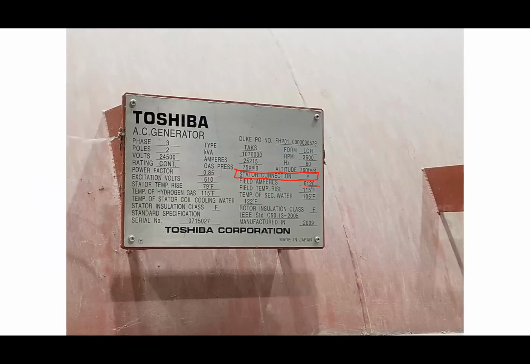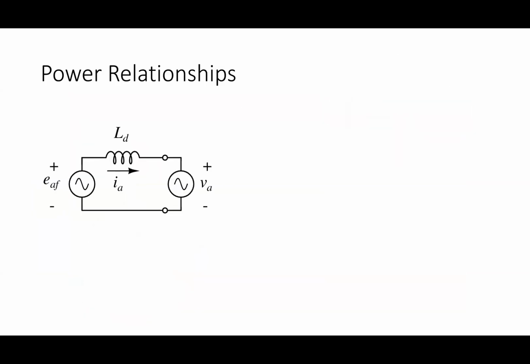So how would I use this whole situation? If I wanted to analyze this particular situation, let's do an example here. Let's say I have a machine that has a rated power, S rated is 500 MVA.